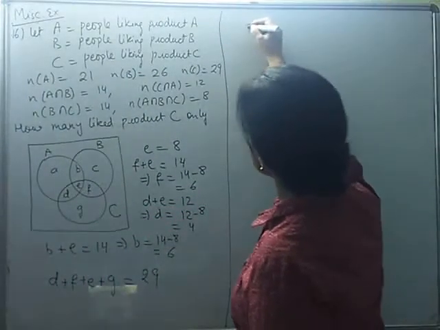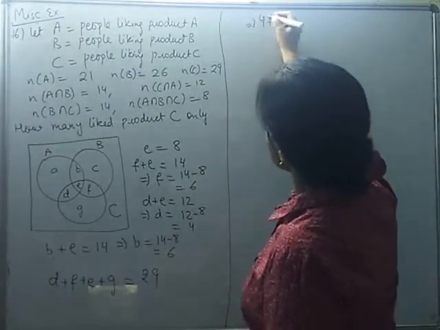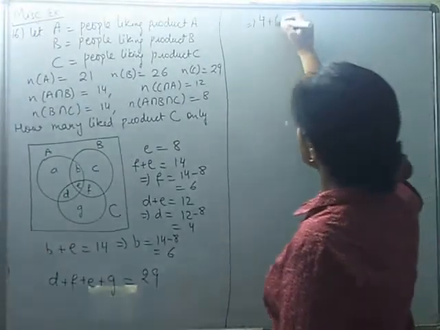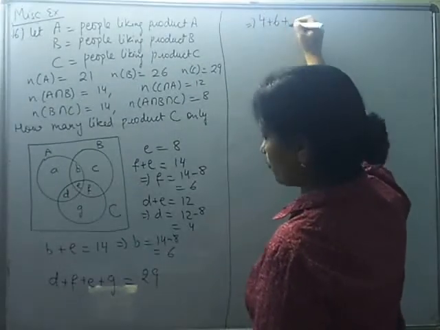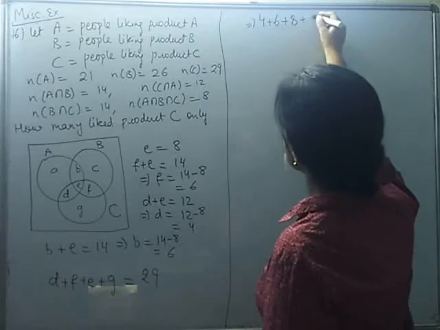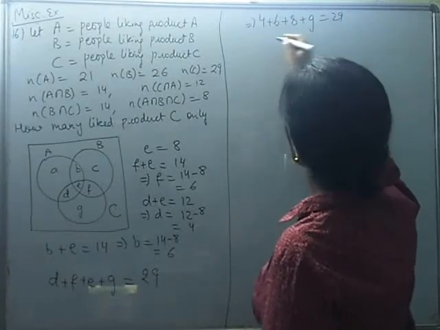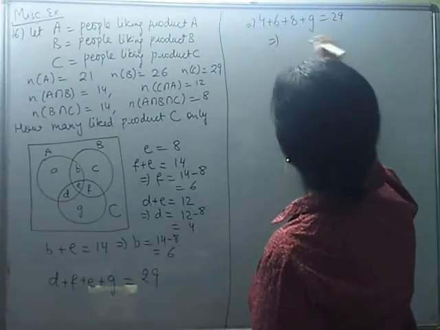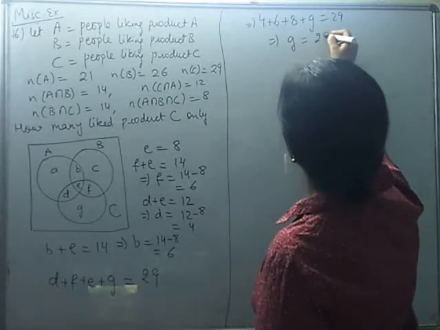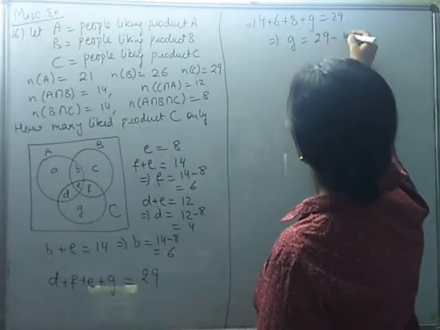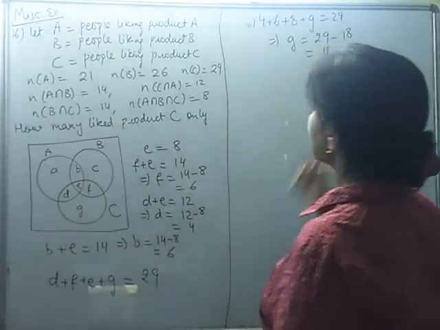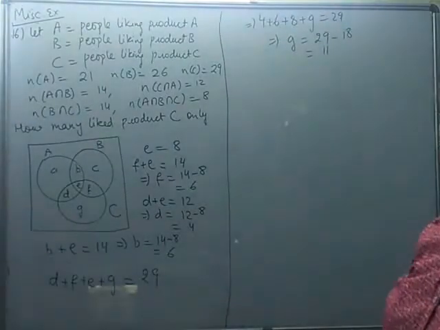We know d is 4, and f we calculated to be 6. Then we have solved for e, it is 8, plus g will be 29. So g can be calculated. It is 29 minus 18, that comes out to be 11. And the answer is obtained.